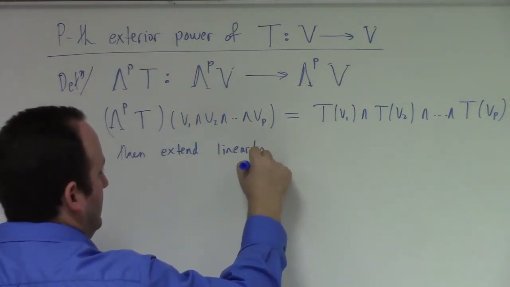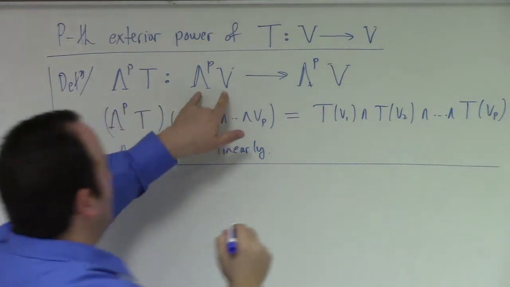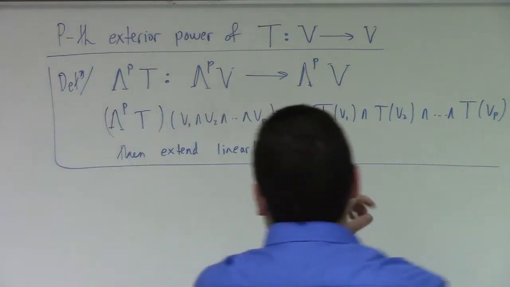Generally, vectors in lambda P V may be linear combinations of such P vectors. It may or may not be possible to decompose a given P vector into just a wedge product of P vectors. That's actually kind of a hard question.